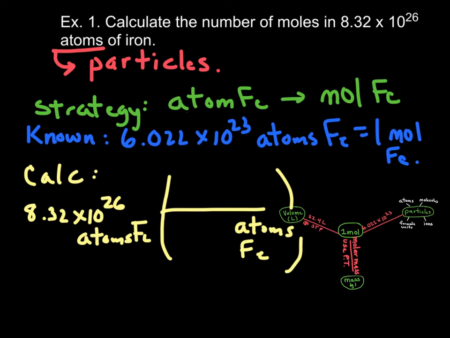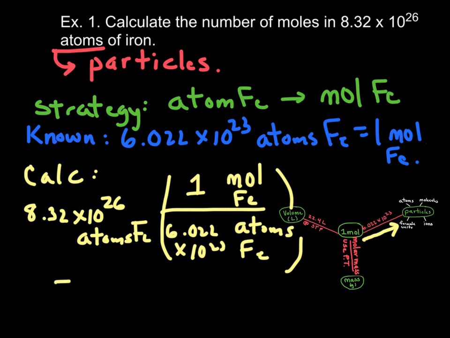And we want to get moles of iron. So when we look here, again, we're going to go from moles to particles using 6.022 times 10 to the 23rd. So there are 6.022 times 10 to the 23rd atoms of iron in 1 mole of iron.